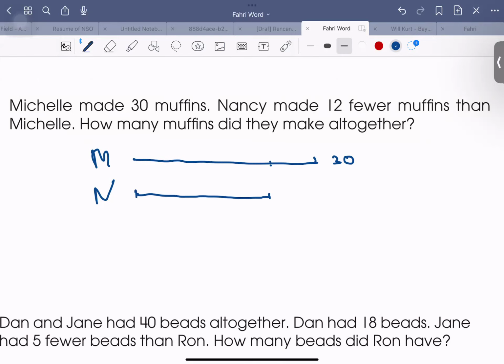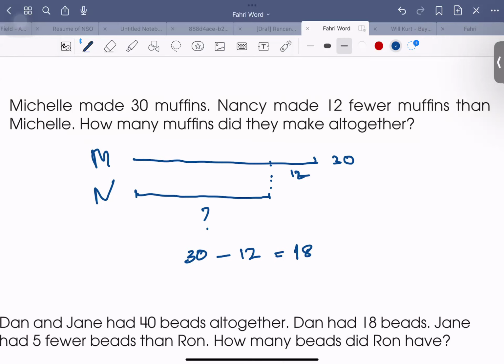So the difference is 12. So Nancy is 18, from 30 minus 12 equals 18.